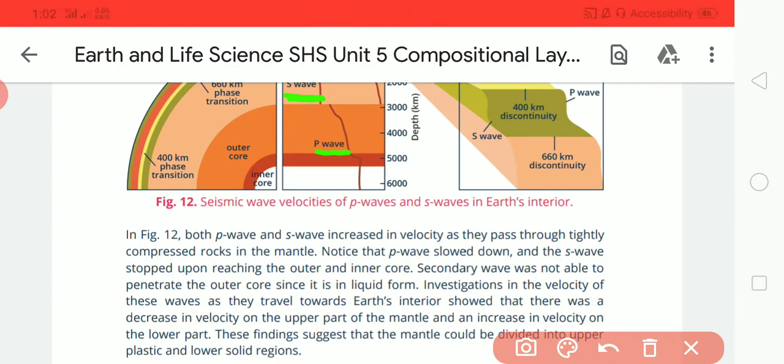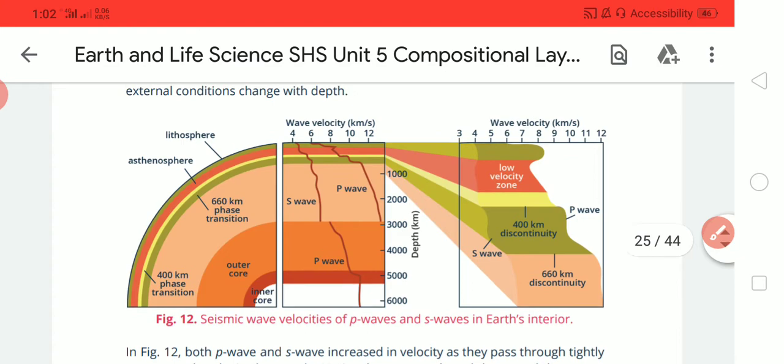That is why the velocity of these waves varies, because there is a layer of the Earth where the velocity of a wave moves fast, and a layer that slows down the velocity of seismic waves.